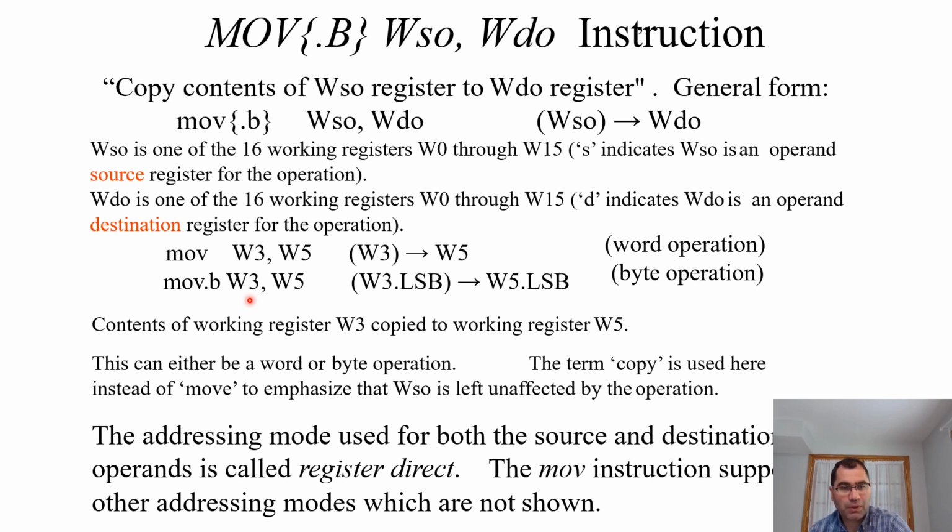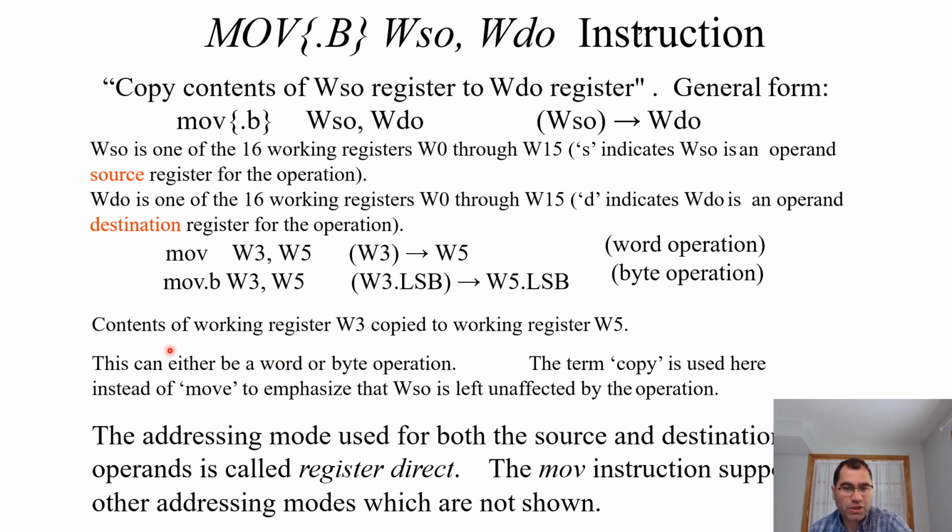It's just going to copy the least significant byte and put it in the least significant byte of W5.